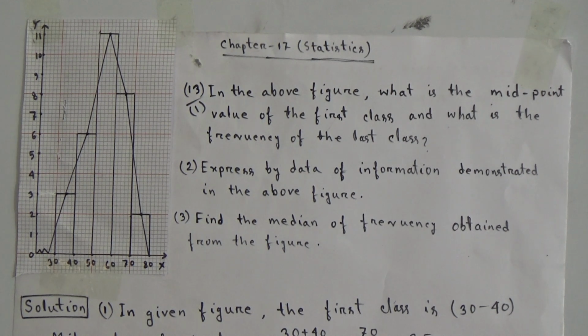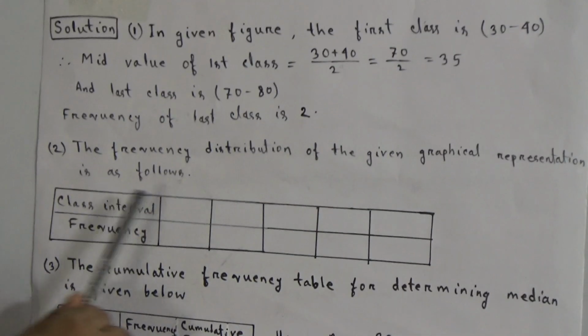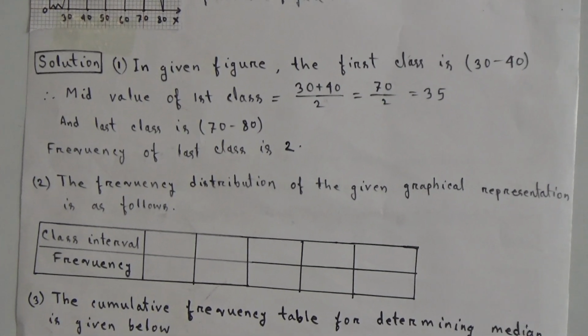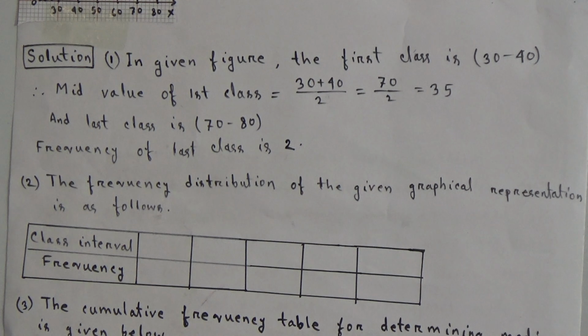Here I have written the frequency distribution table of the given graphical representation as follows. Two columns will come: one column is class interval and another one is frequency.